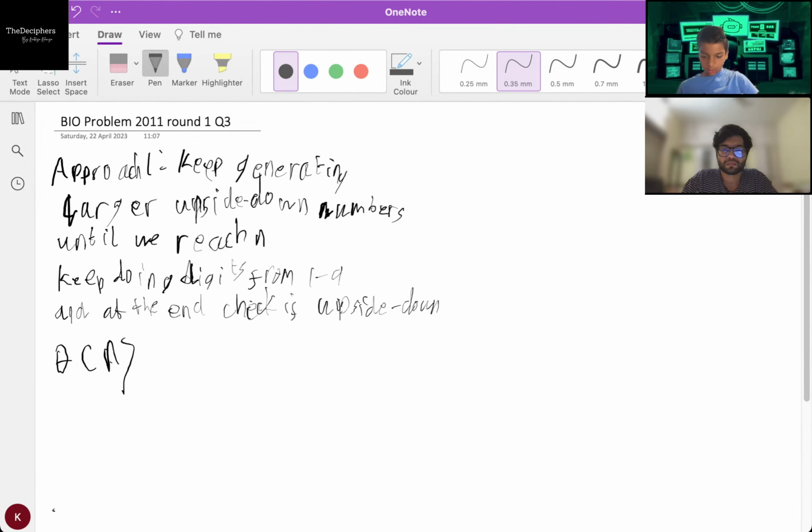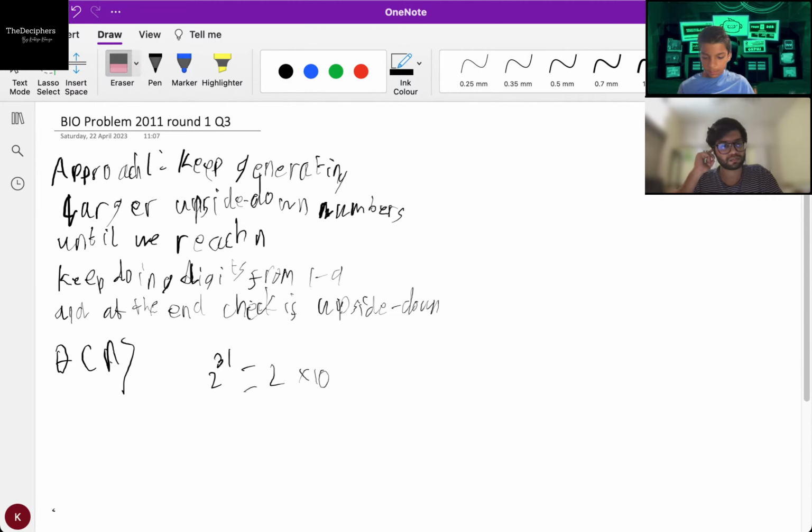So 2 to the power of 31, I think that's about, you can't see my calculator, that's about 2 times 10 to the power of 9, which is just too big. So yes, we'll have to optimize it then.